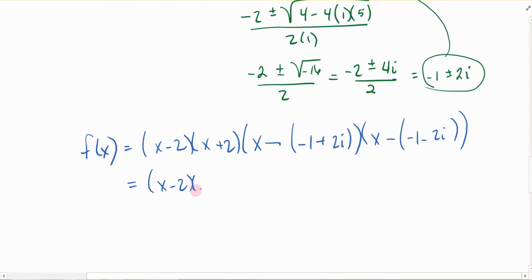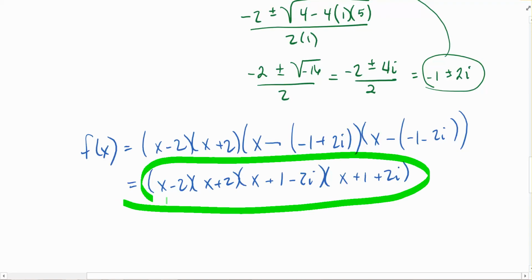So what do these two terms simplify to be? x minus 2, x plus 2, and when I distribute this negative here, I get x plus 1 minus 2i. And when I distribute it here, I get x plus 1 plus 2i. So this is now my polynomial in its factored form, and that is what I'm asked to find.